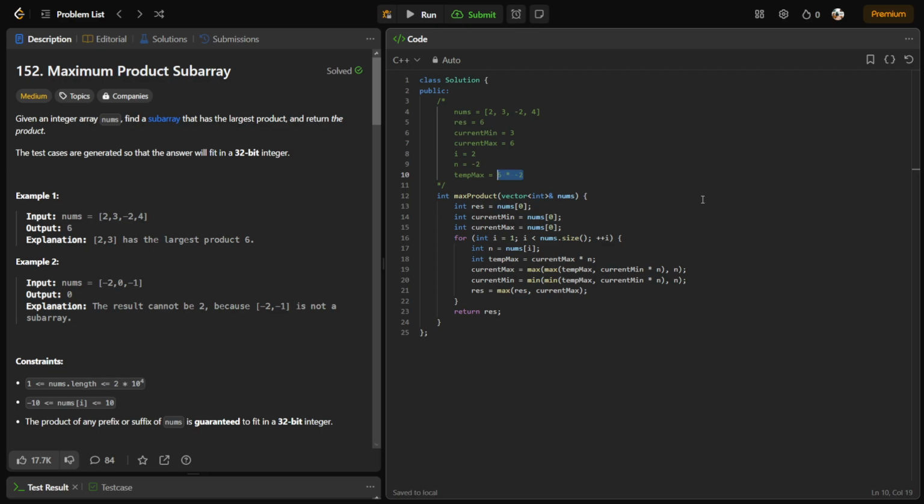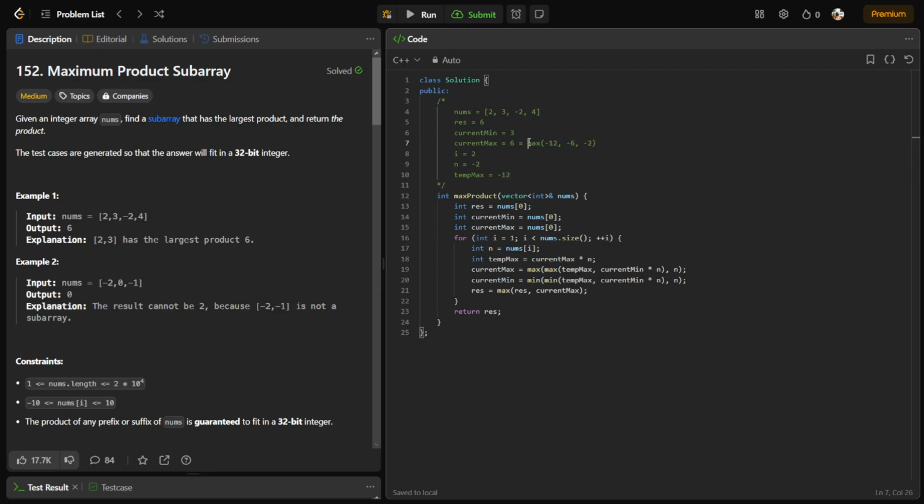Yes, -12 as our temp max. Current max, I'll be recalculating as the maximum of -12, the current minimum times -2, and n itself. So this will give us -6, -12, and -2.